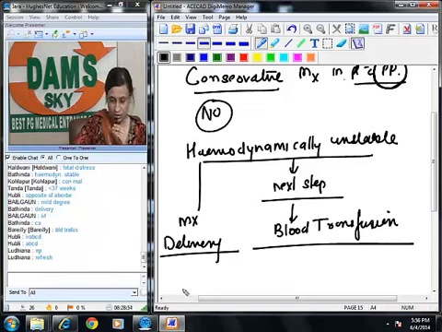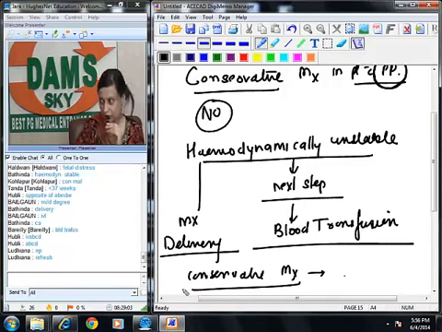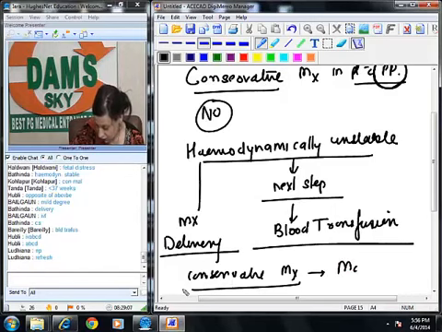Right? Now the conservative management of placenta previa is called McAfee's protocol.